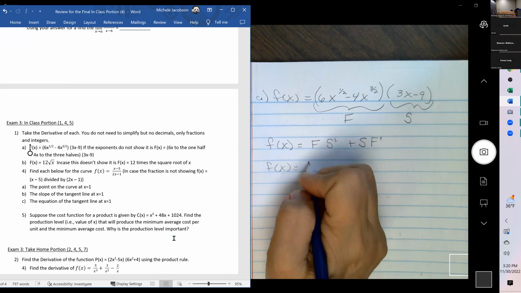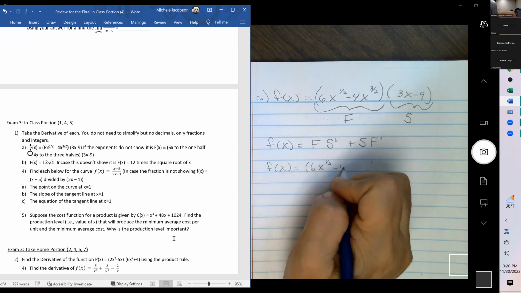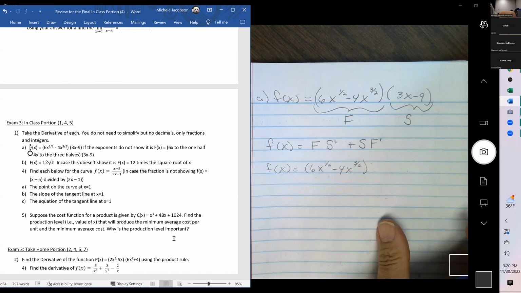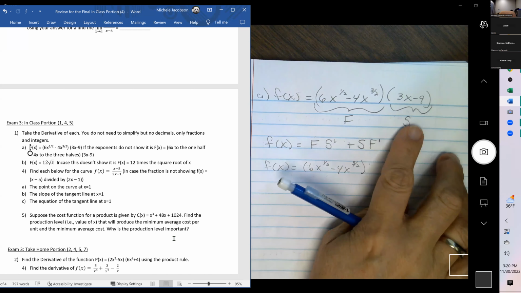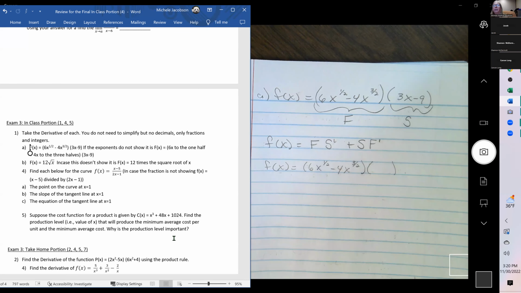Writing the first, 6x to the 1/2 minus 4x to the 3/2. Then you take the derivative of the second. What's the derivative of the second? Anyone?